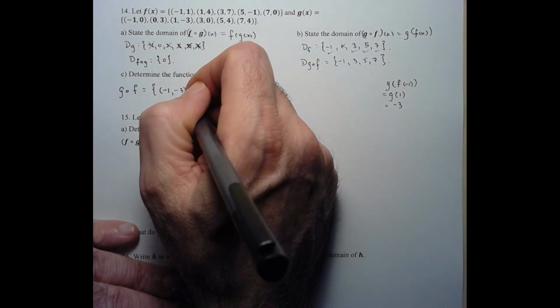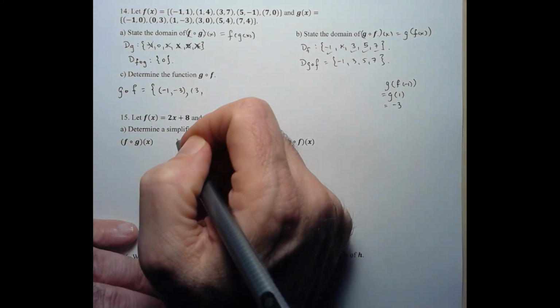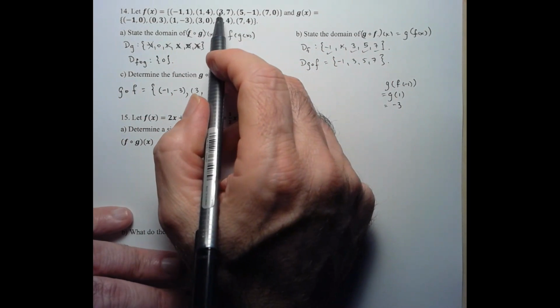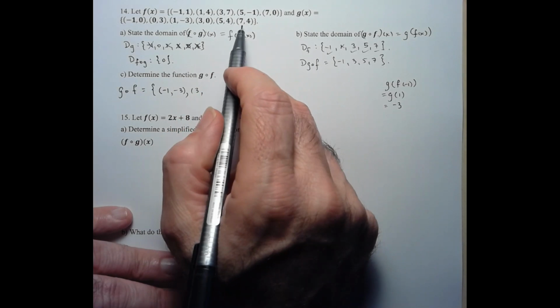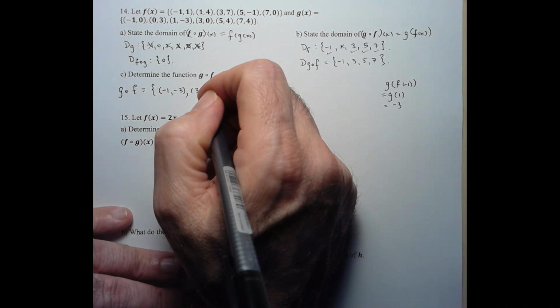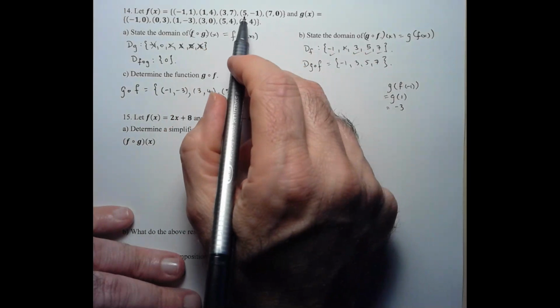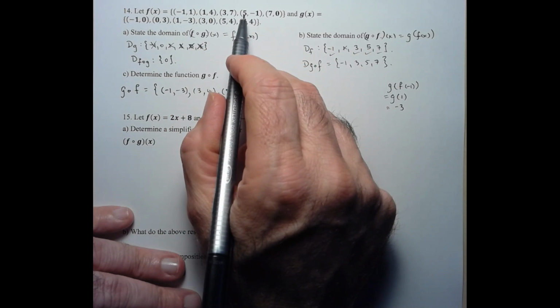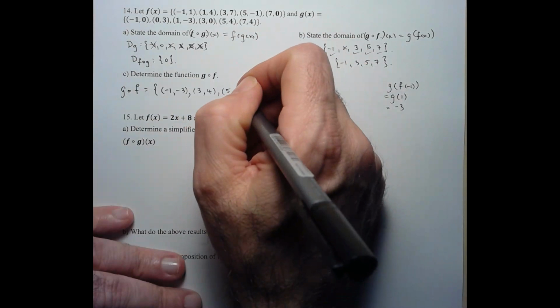Let's go to the next point. Next point, it's input of 3. 3 outputs 7, then I input that into g. 7 outputs 4. There's my next point. Let's do now the 5. f at 5 is equal to -1, and then g at -1 is equal to 0.